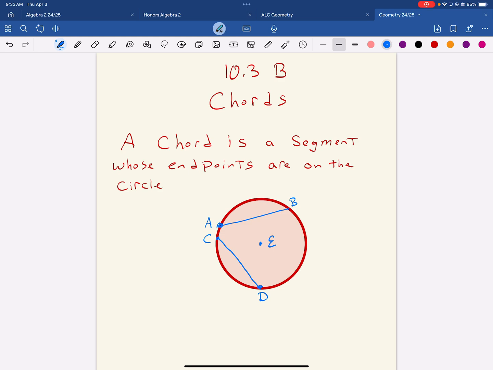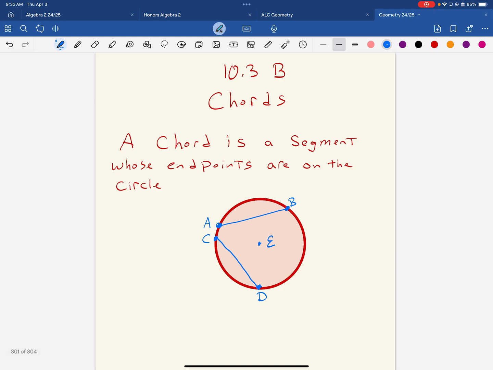It's a chord because it has endpoints on the circle itself. CD is a chord as well, again, because it has endpoints on the circle. And as long as the two endpoints are on the circle, it's considered to be a chord.